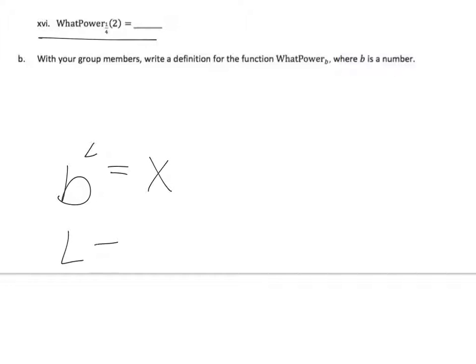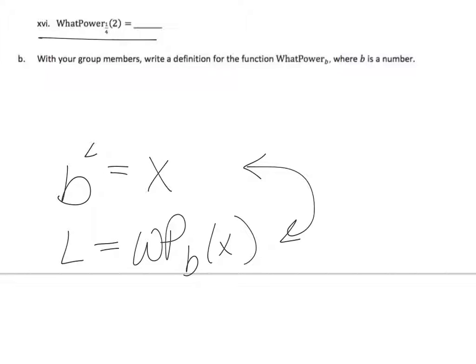So L equals what power base b of x. The value of what power is the number you need to raise b to in order to get x. So b to the L, the number you're looking for, equals x. So L equals what power base b of x. These go back and forth.